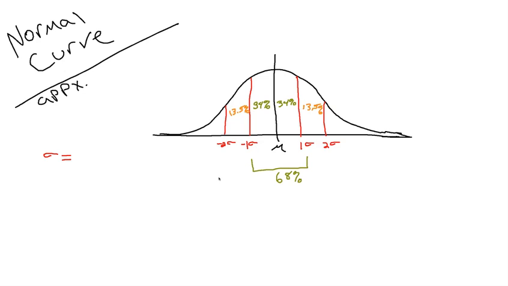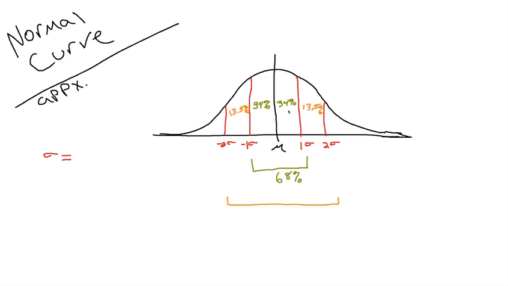Now, if you ask the question of what percentage of scores falls between 2 standard deviations, you would add up 13.5 plus 13.5 plus 34 plus 34.